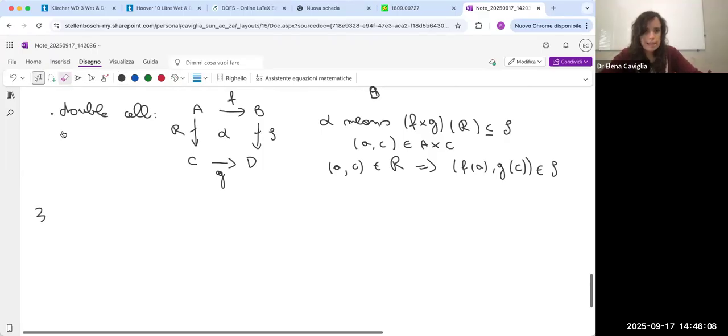And now we can see a similar example, kind of a categorified version of this example, and this is called Prof. So now we take categories and profunctors.